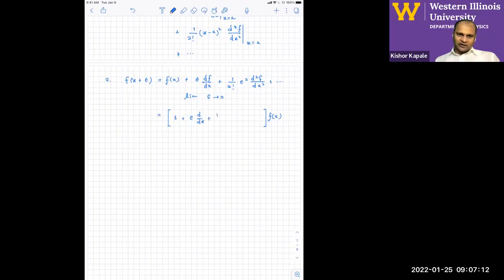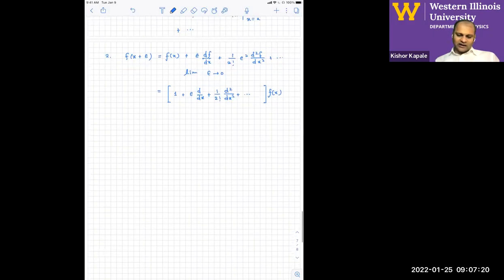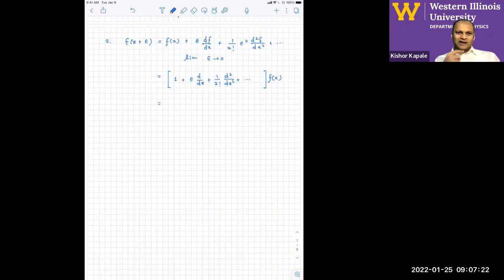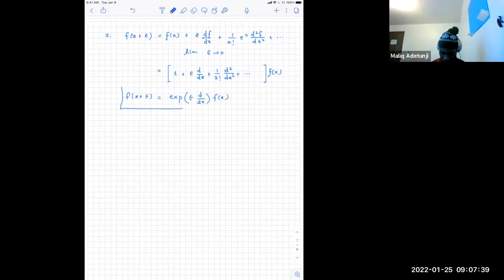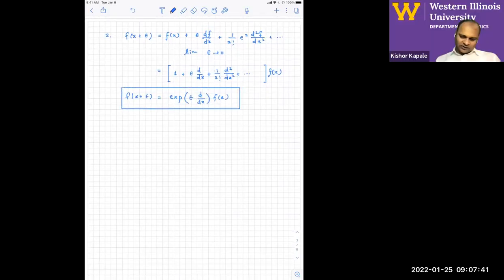The third term is 1 over 2 factorial d2 over dx squared, and so on. This is like an exponential operator, and so you could see the exponent of epsilon d over dx applied to f of x.